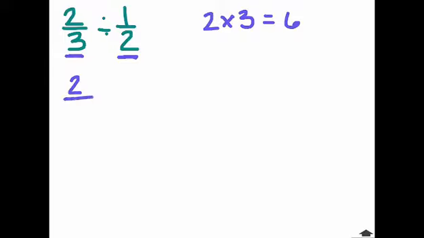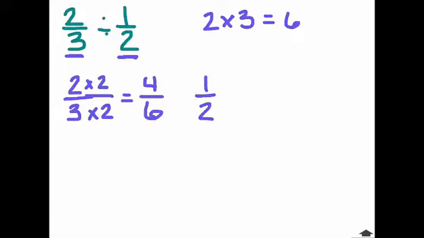We're going to have 2/3, and I'm going to multiply both the numerator and the denominator by 2 to get 4/6. Then I'm going to take my 1/2, and this time I'm going to multiply by 3 to get 3/6.